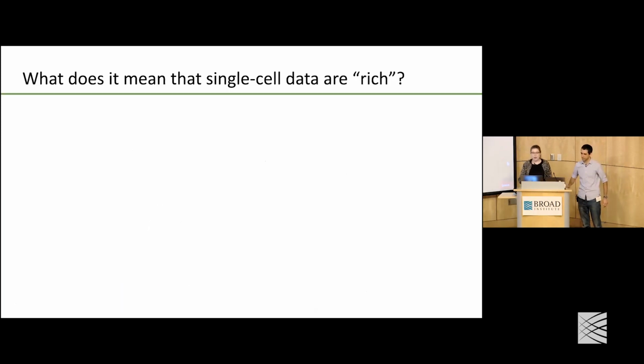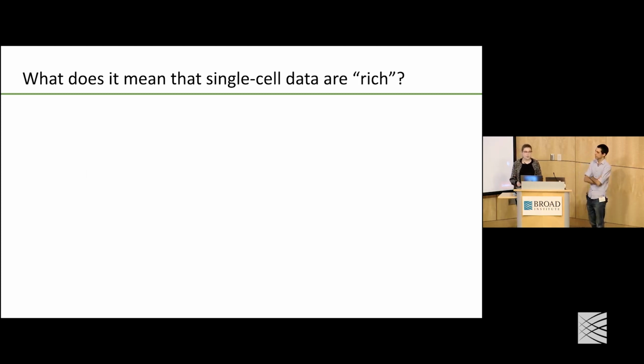And we wondered what that term, richness, meant concretely about the structure of single-cell data sets. And that term could mean a lot of things, but we did recognize and then focus on one aspect of single-cell data sets that presents a particular challenge for their analysis.